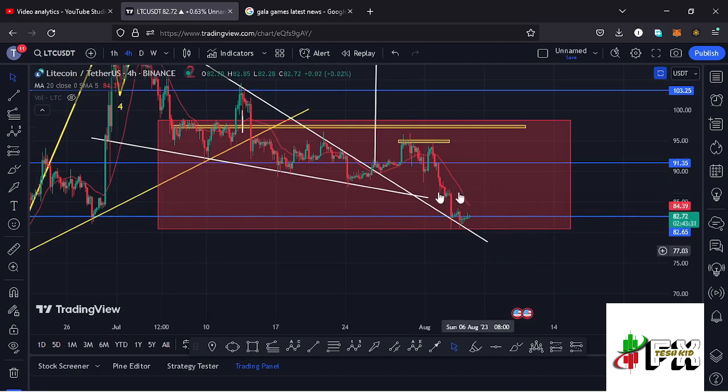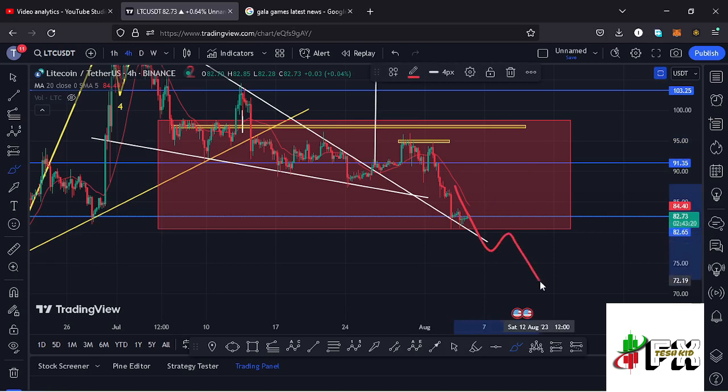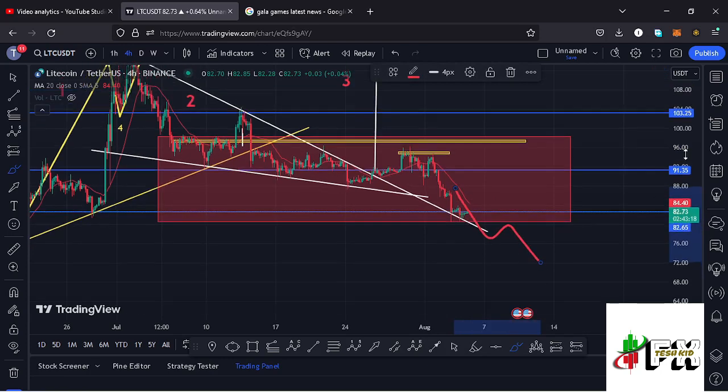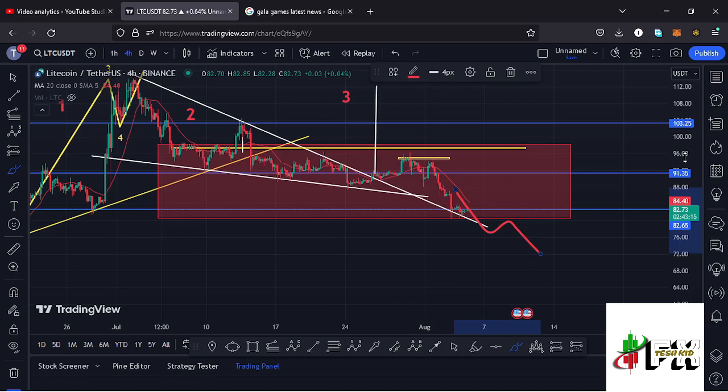So as long as we continue holding within the red target area, I'm still expecting higher prices on the Litecoin chart. But a break below, that is to the lower side of this red target area, will be suggesting lower prices, where we can maybe see Litecoin get to the $70 mark, or maybe continue seeing even lower prices.